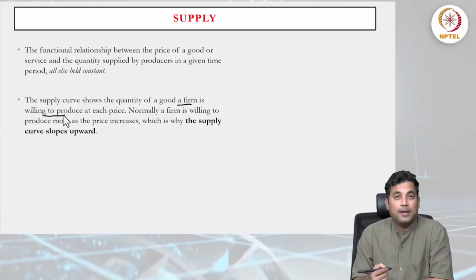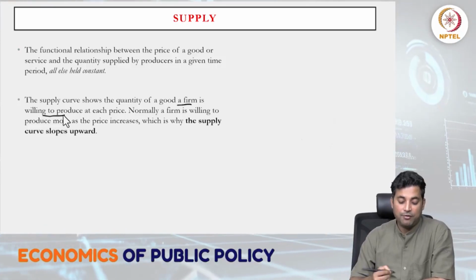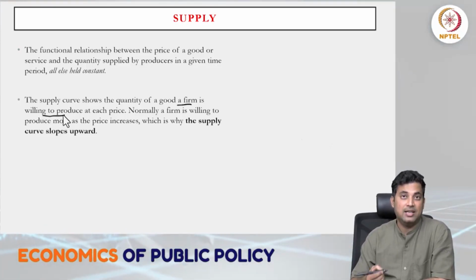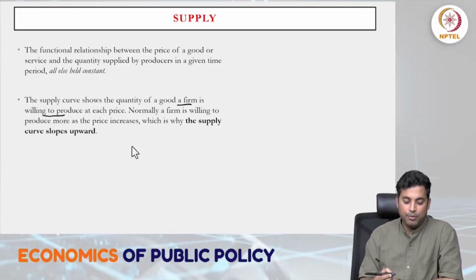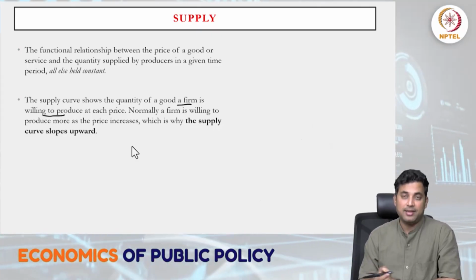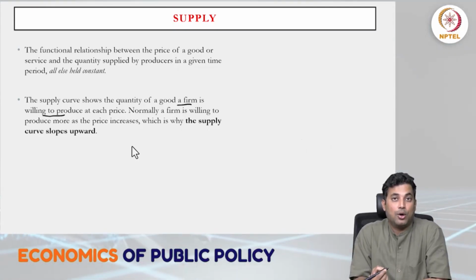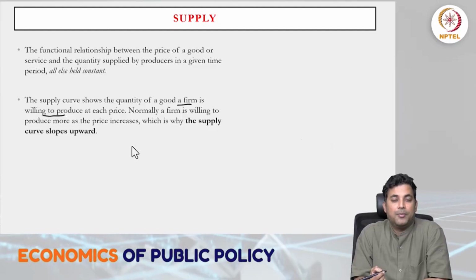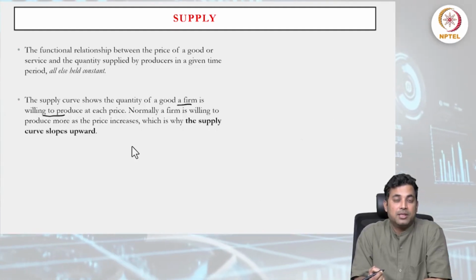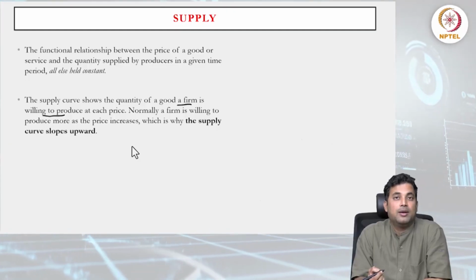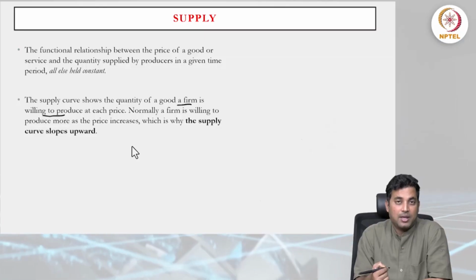And therefore the supply curve shows all the points at which a firm is willing to produce at each price. Basically a firm is willing to produce more as the price increases, because producers, just like consumers, are also rational, and the rationality principles of economics will also be applied to producers' behavior and in the case of the supply curve.